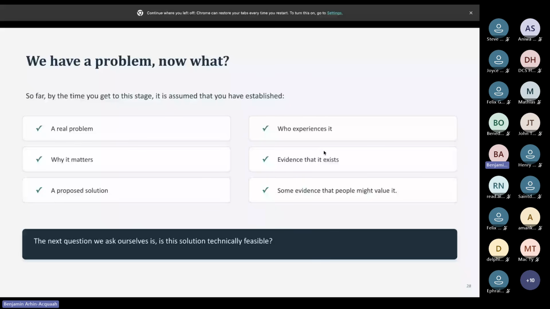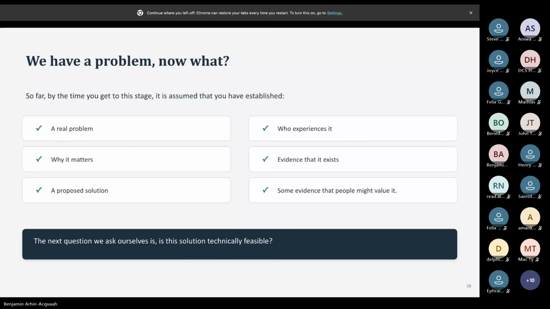By the time we get to this stage, it's already assumed that when you are ready to technically implement your solution, you have already gone through the problem discovery stage and found a feasible solution.